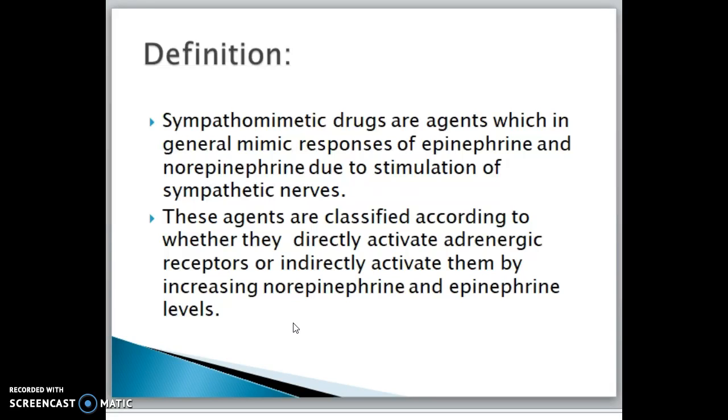Based on the site of receptor to which the sympathomimetic agent has bound, there will be execution of related activity. Indirectly acting agents don't bind at the receptors, but by increasing the activity of enzymes involved in the biosynthesis of catecholamines, they increase the levels of norepinephrine and epinephrine.